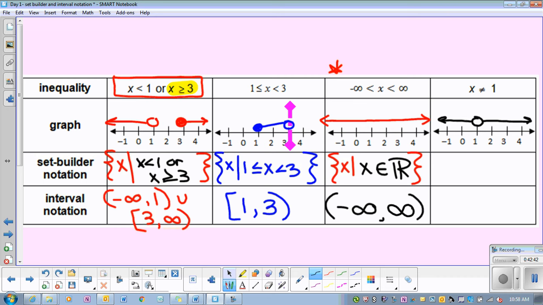So now let's write out our set builder notation. Curly braces, X bar. You can just write the inequality that they gave you, or this expression that they gave you. X is not equal to 1.